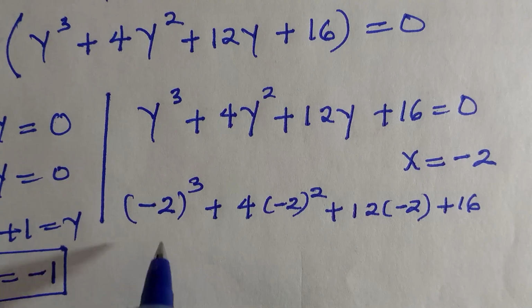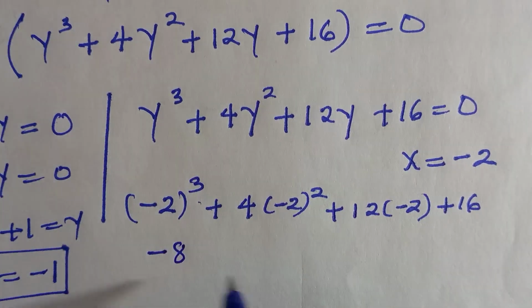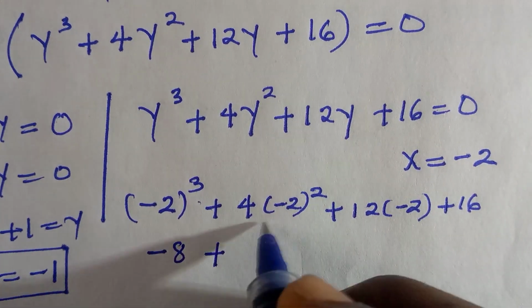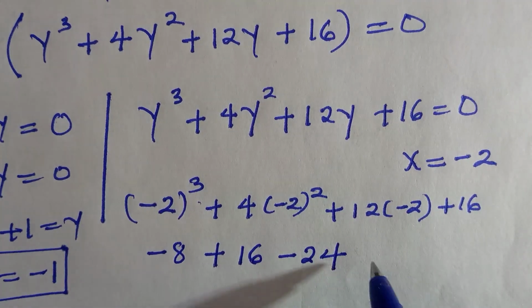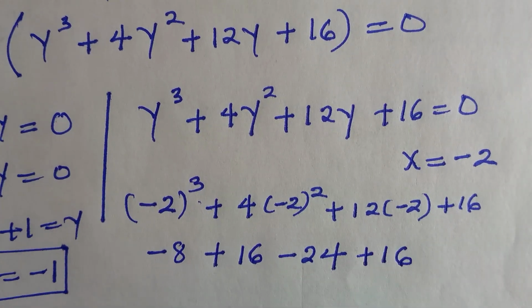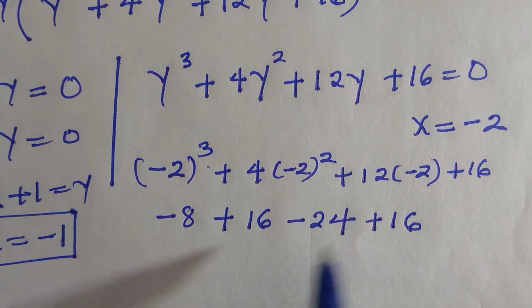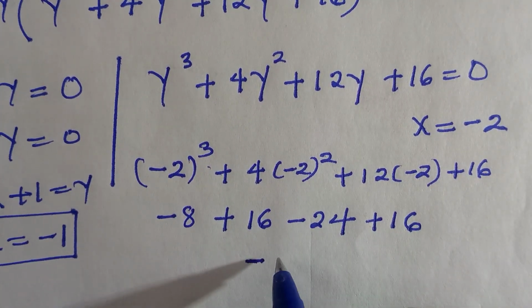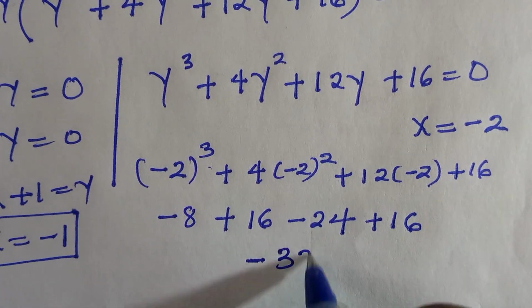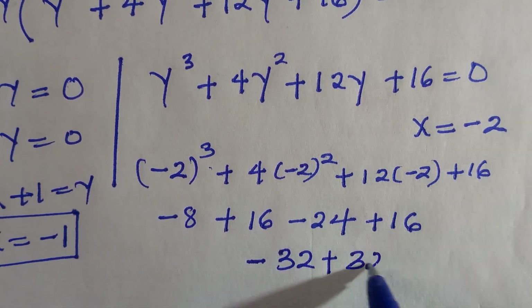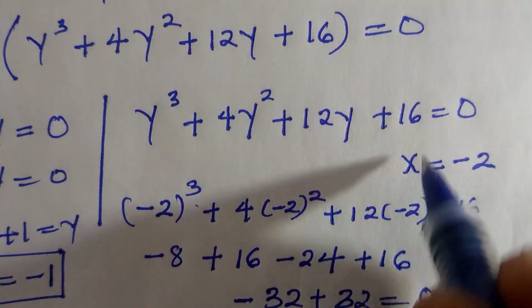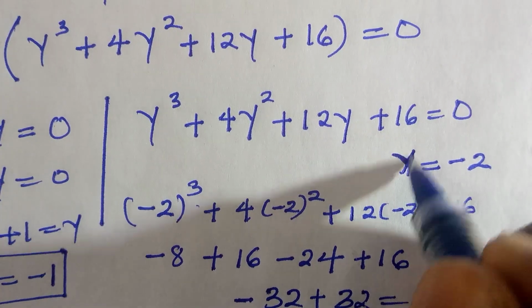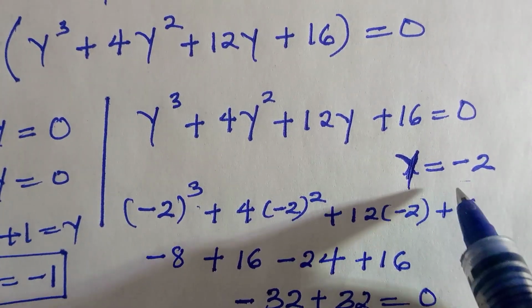That is minus 8 plus 16, minus 24 plus 16. And here we have minus 32 and plus 32, which equals 0. So y equals minus 2 is one of the roots.